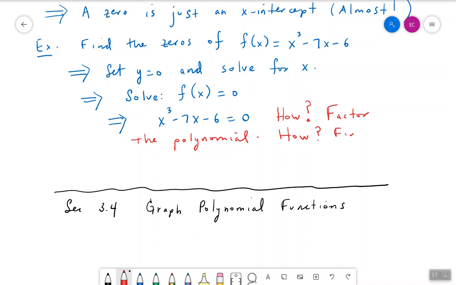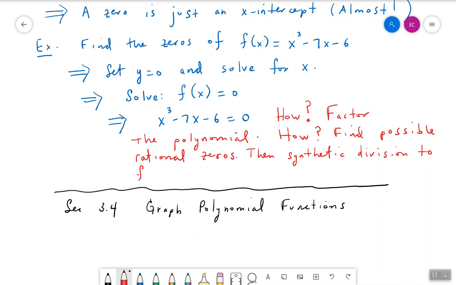You find possible rational zeros. And then you use synthetic division to find a zero and to factor f of x and to factor the polynomial.